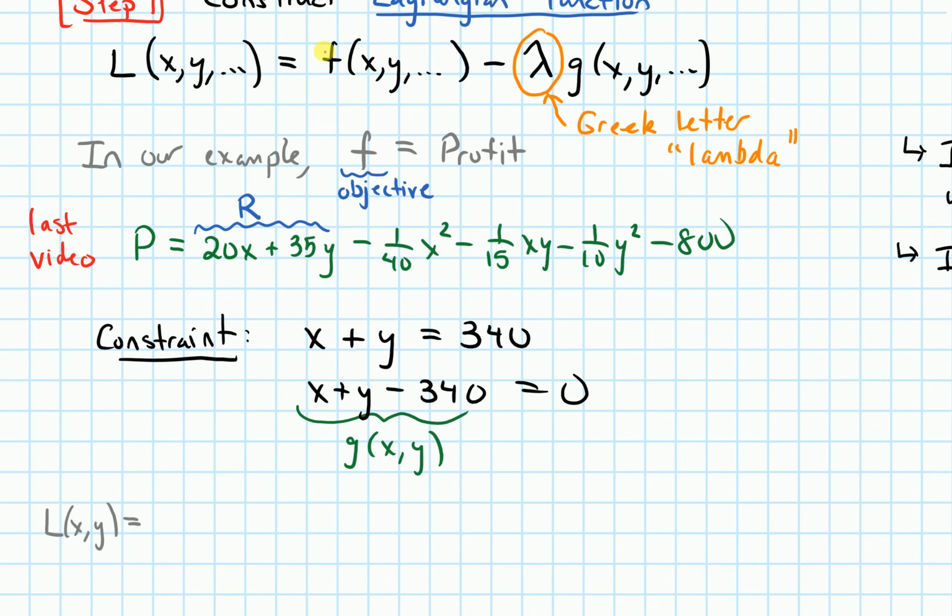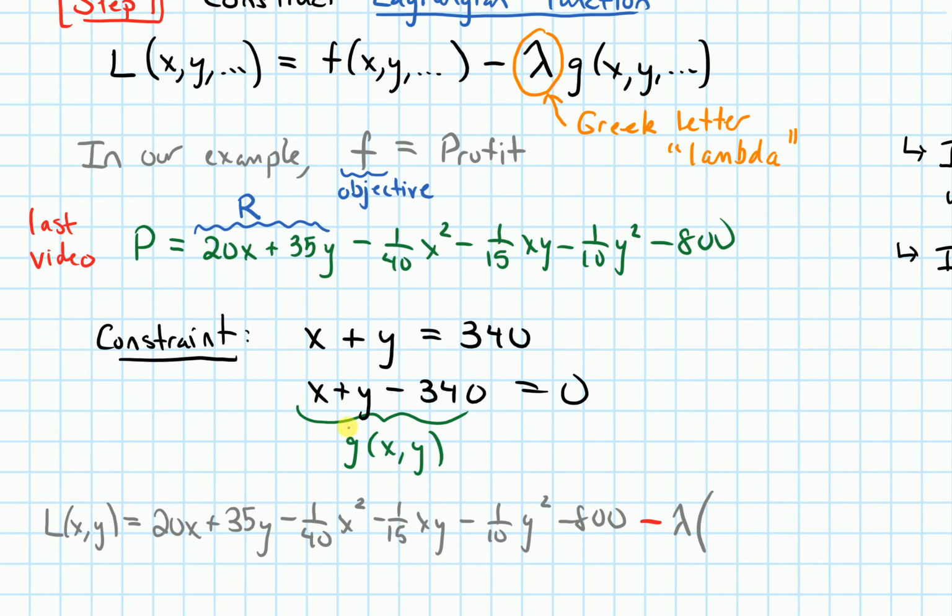So I write the function f, my objective, first. The objective was this profit function: 20x plus 35y minus 1/40 x squared minus 1/15 xy minus 1/10 y squared minus 800. And then I need minus lambda, that Greek letter, times the function g.